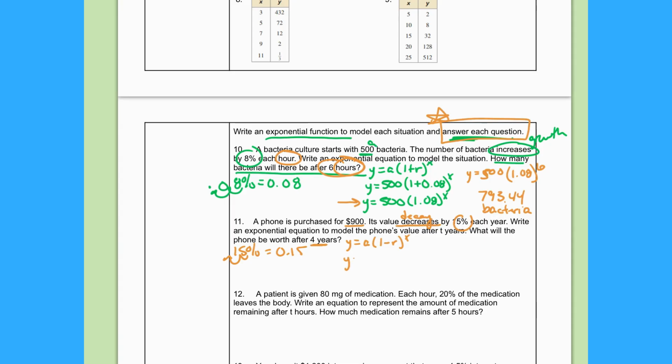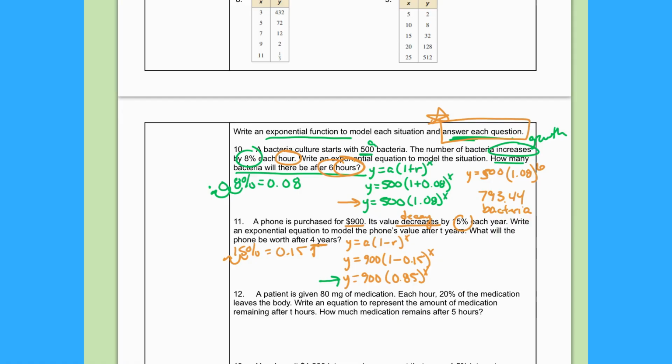So y equals, our initial amount was 900, 1 minus, our rate we found was 0.15 as a decimal, to the x. Again, don't put that 4 in there until we're ready to solve. And then we have to simplify our model. So 1 minus 0.15 is 0.85 to the x. So this is going to get you your full points for writing your model and having it simplified.